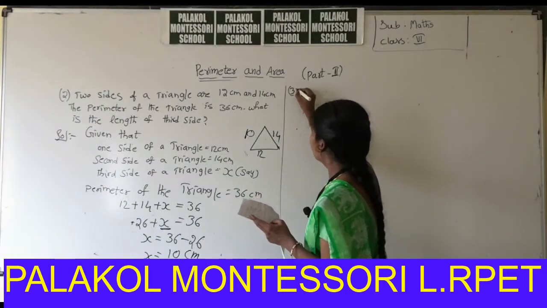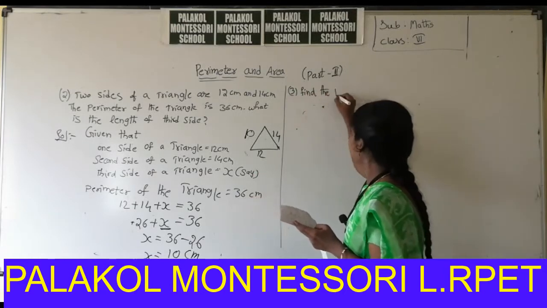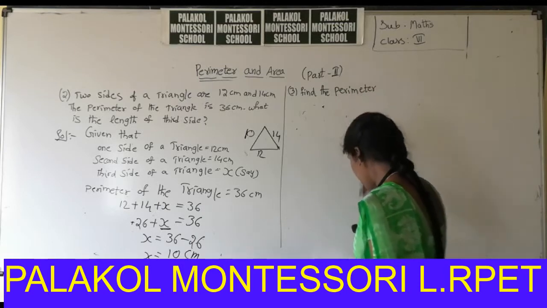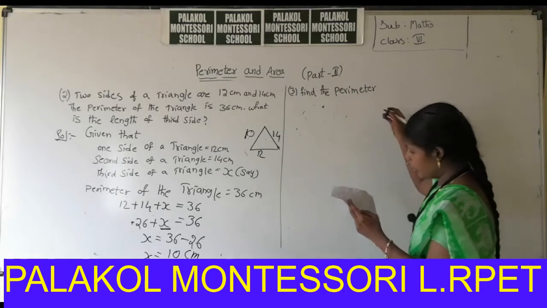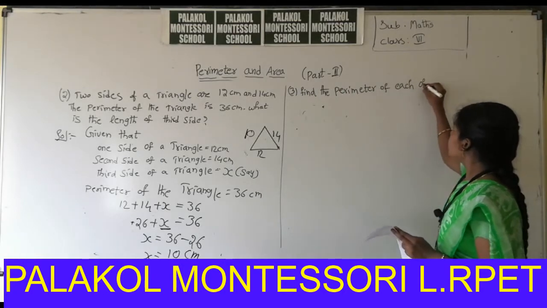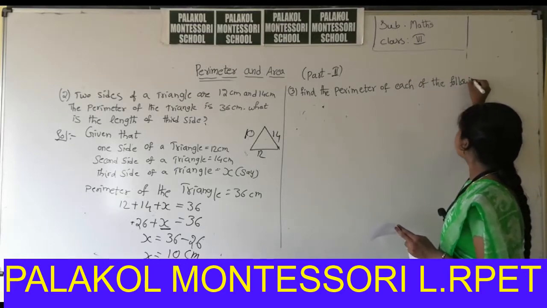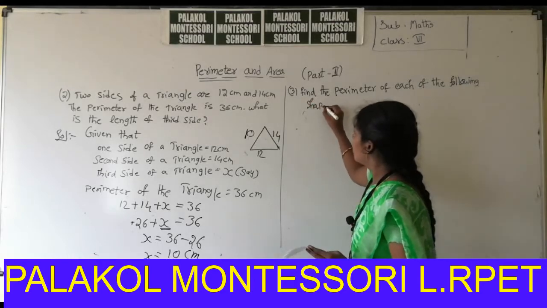Third one: find the perimeter of each of the following shapes.